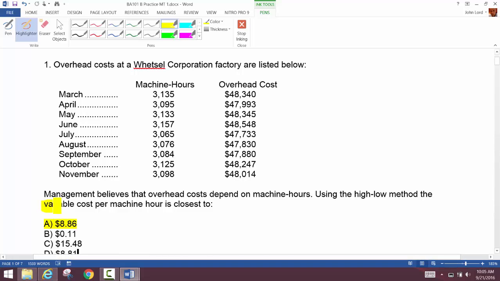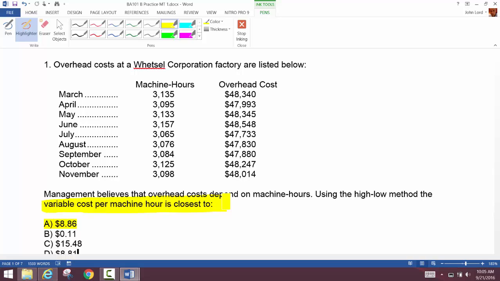Now, the way I'm putting this question together, I'm going to have you derive in our practice here the variable, the fixed, etc. On the test, we may only ask you for one of these. We'll ask you for the variable, or we'll ask you for the fixed, or something like that.